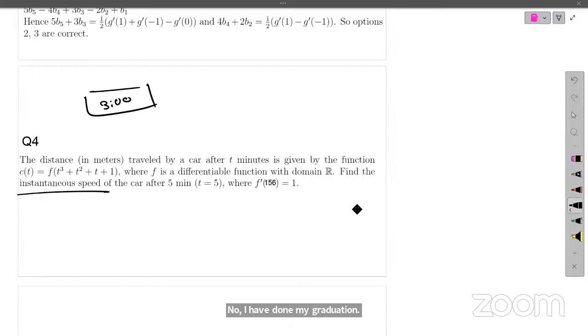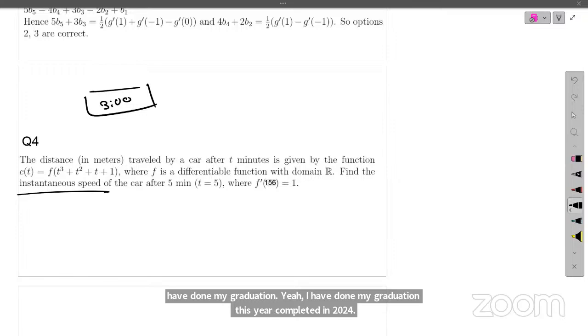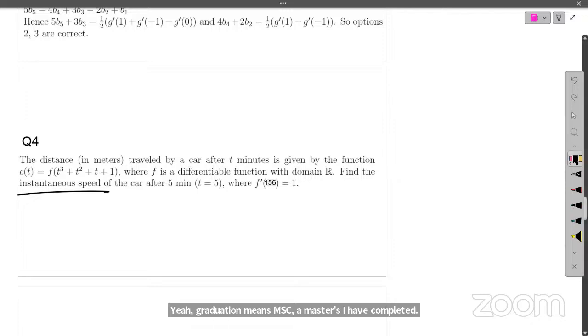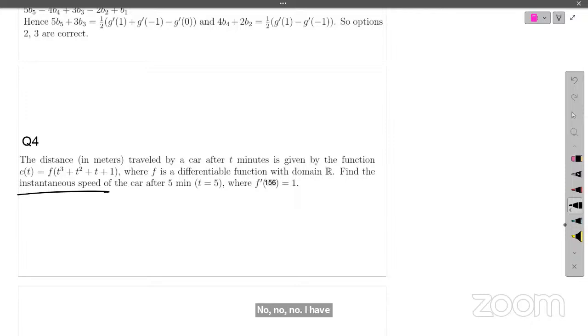No, I'm not in second year. I have done my graduation this year, completed in 2024. Oh, so you are in MSc. Yeah, graduation means MSc, a master's I have completed in mathematics. No, by graduation I mean BSc. Master's is different. I have done BSc, MSc both.